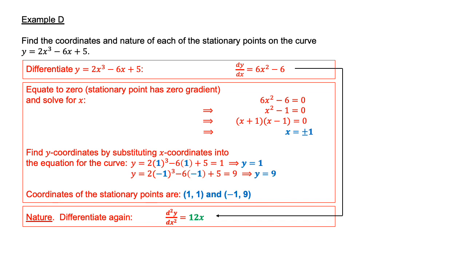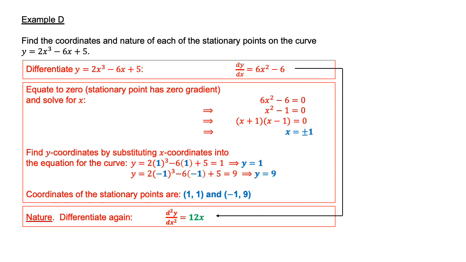So I've got 2 different x values, and that is what we would expect because it is a cubic with 2 stationary points. So we've got to work out the y coordinates of each. So again, we substitute each of those x coordinates into the expression which describes the curve. So x being 1 gives y equal to 1.